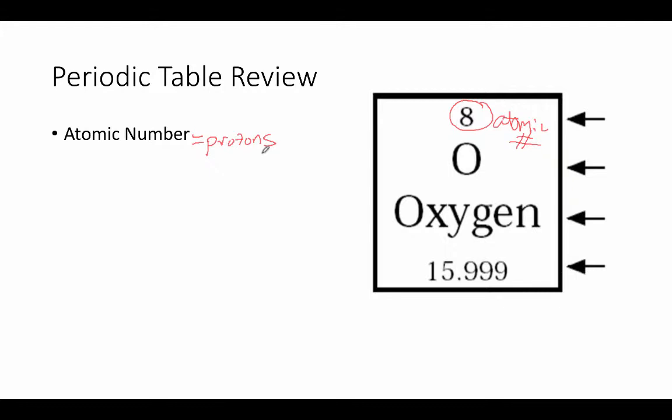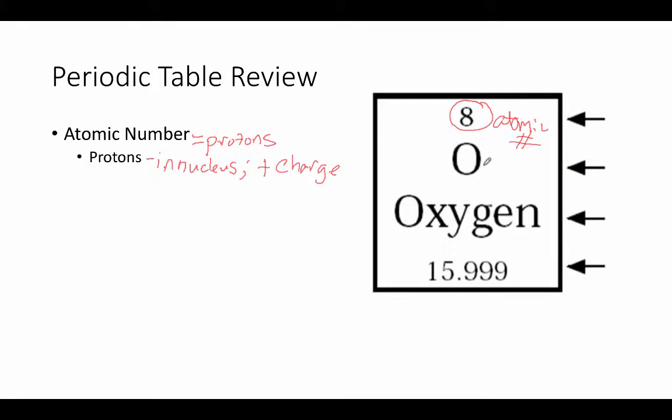Remember that protons are found in the nucleus and they have a positive charge. So the identifying part of an atom is the protons. So the number of protons is equal to our atomic number. And again, on our periodic table, that is the whole number in the box with the element name and symbol.